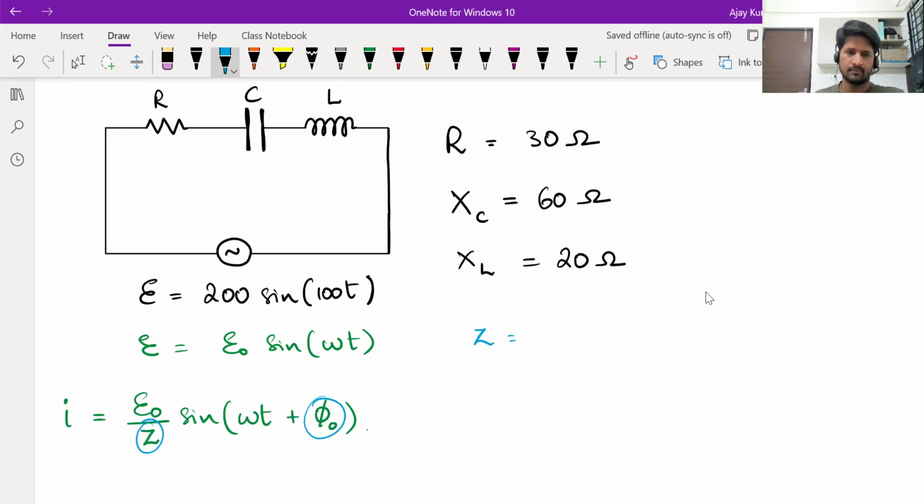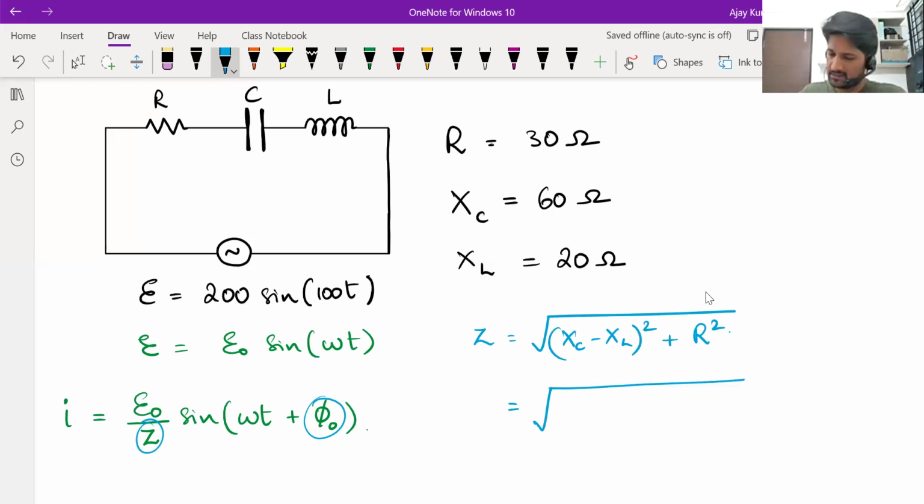The formula for Z in terms of XC, XL, and R. Okay, looks like you didn't really go through the last class. Let it be. It will be under root XC minus XL whole square plus R square.